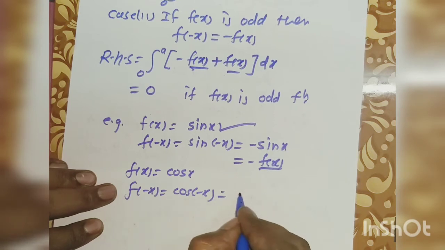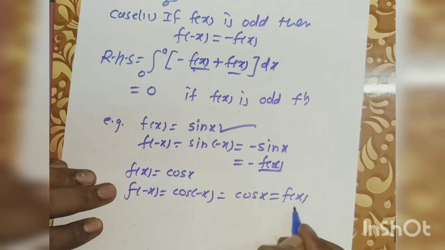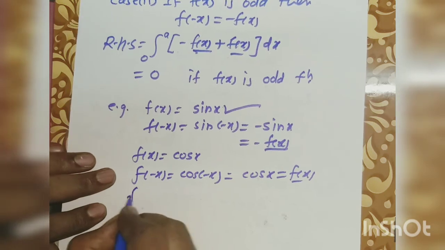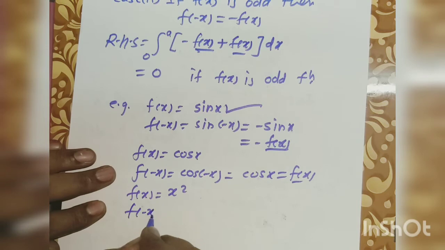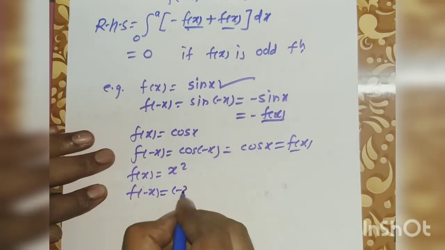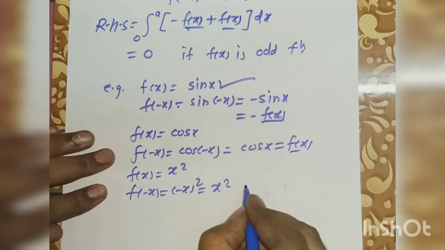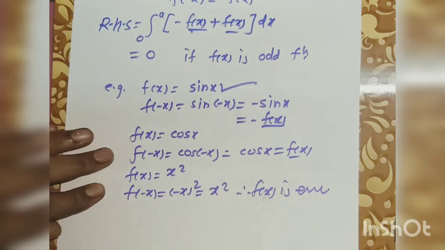Cos of minus x is always cos x, that means cos x is an even function. Another example, f of x is equal to x square, f of minus x is equal to minus x bracket square, is equal to x square. Therefore f of x is even.